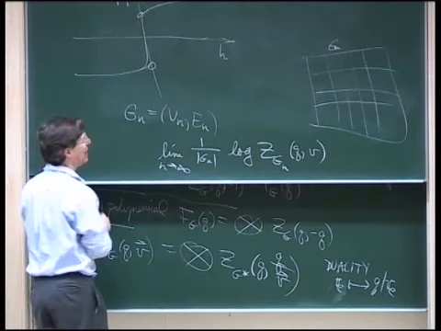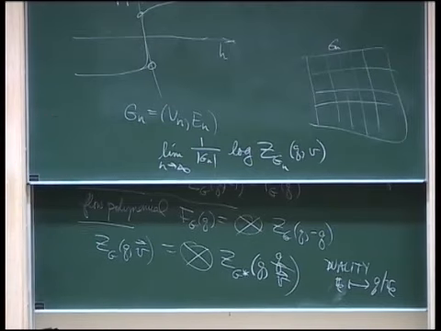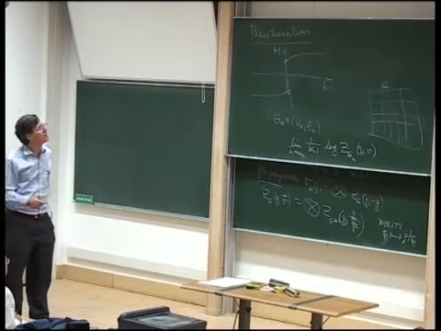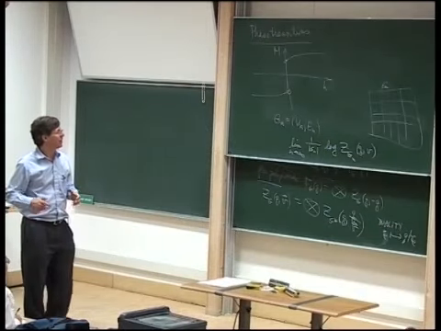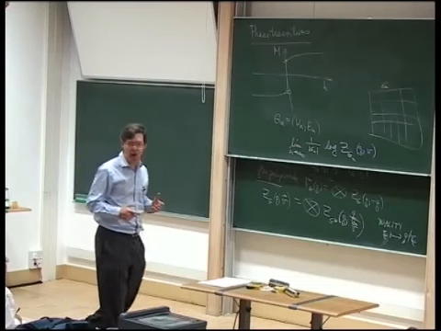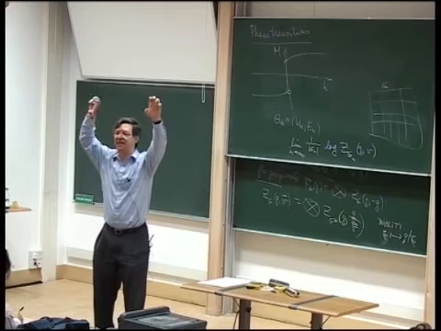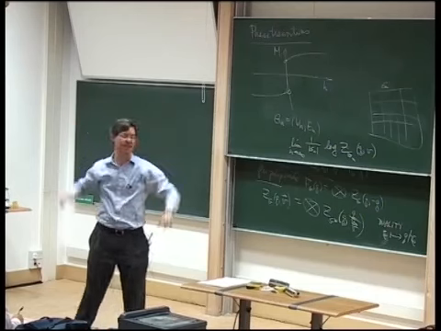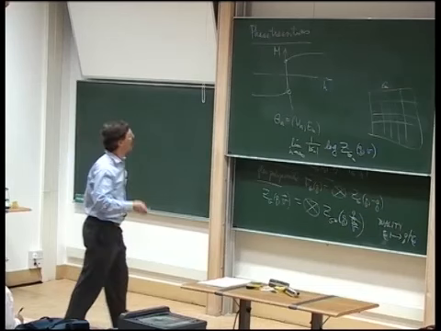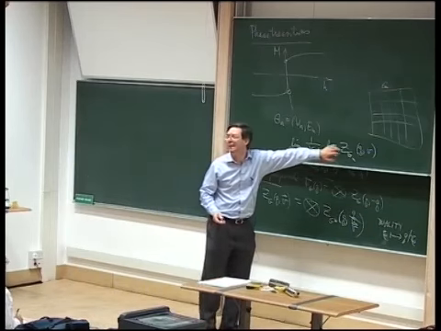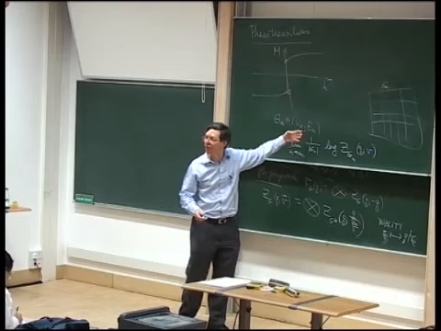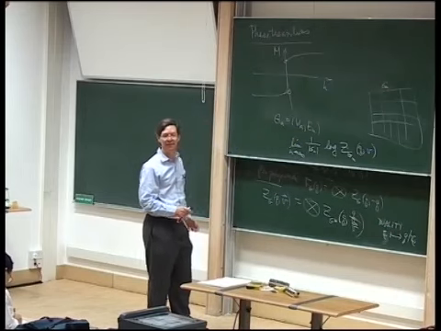This is the kind of limit that physicists are interested in. Roughly speaking, we know the Z's are exactly multiplicative if a graph is the disjoint union of two pieces, and this expresses that the Z's are approximately multiplicative for certain large families.